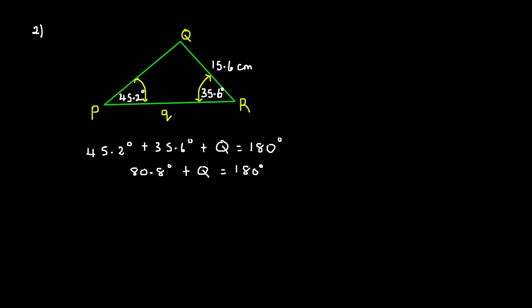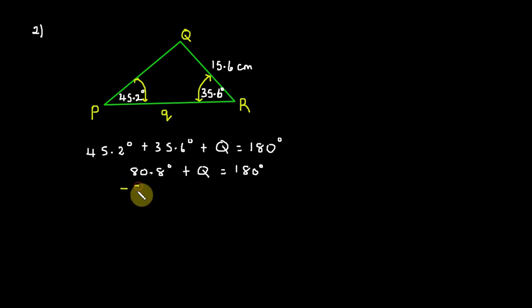We have a problem. We wish to find Q, but there is an intruder. The intruder here is 80.8. We do not need 80.8 because we need to find angle Q. How do we do that? We eliminate 80.8. And we see that 80.8 is a positive 80.8. In order to get rid of this, I simply subtract 80.8 on both sides of this equation.